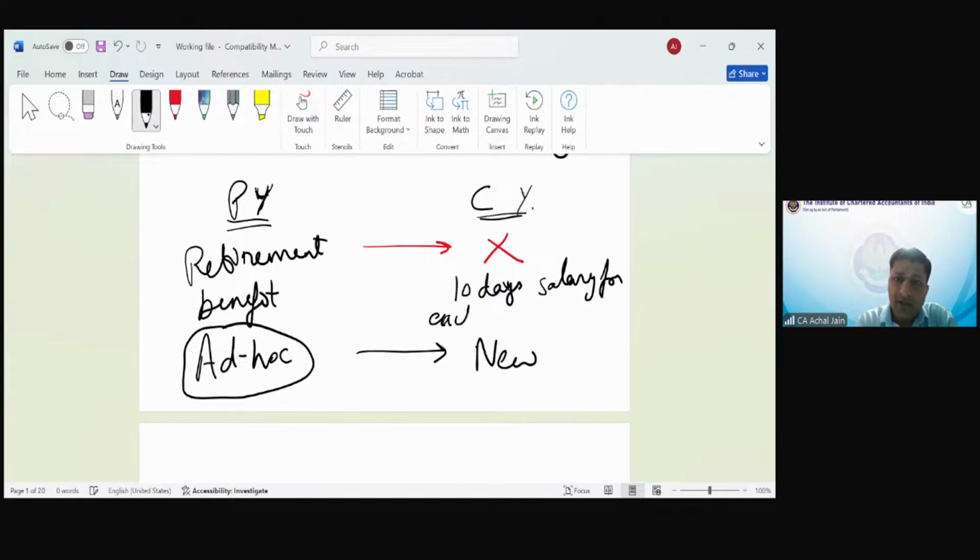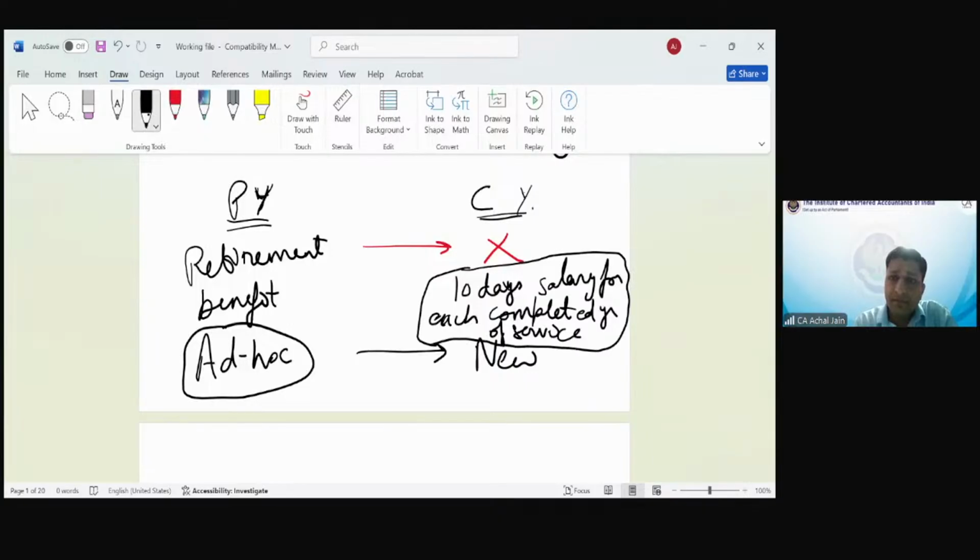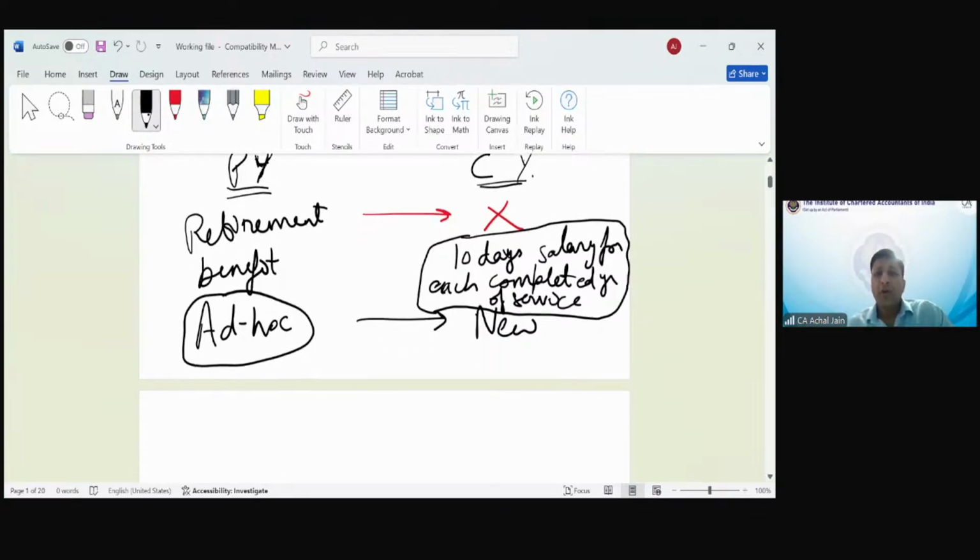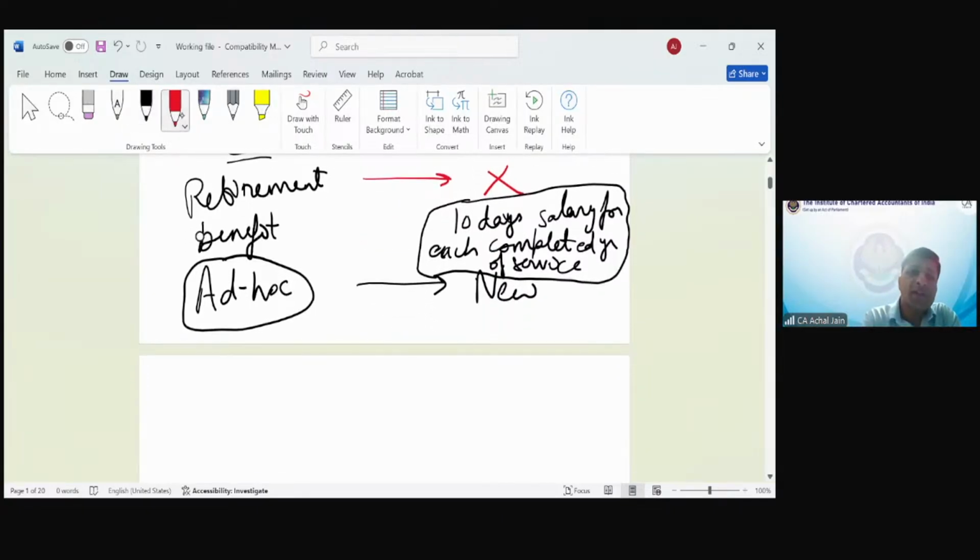That's a new policy. Earlier, it was not there. So for recording this previous policy, company had some accounting policy.